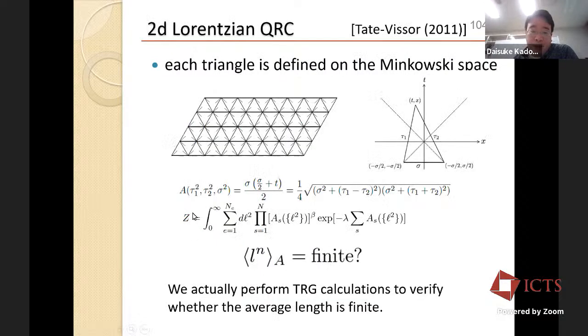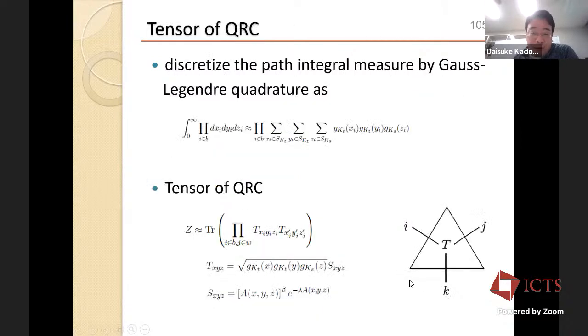Because this area can be regarded as a rank 3 tensor whose indices are tau 1, tau 2, and sigma. So the tensor can be defined on the center of a triangle, whose indices are edge lengths.